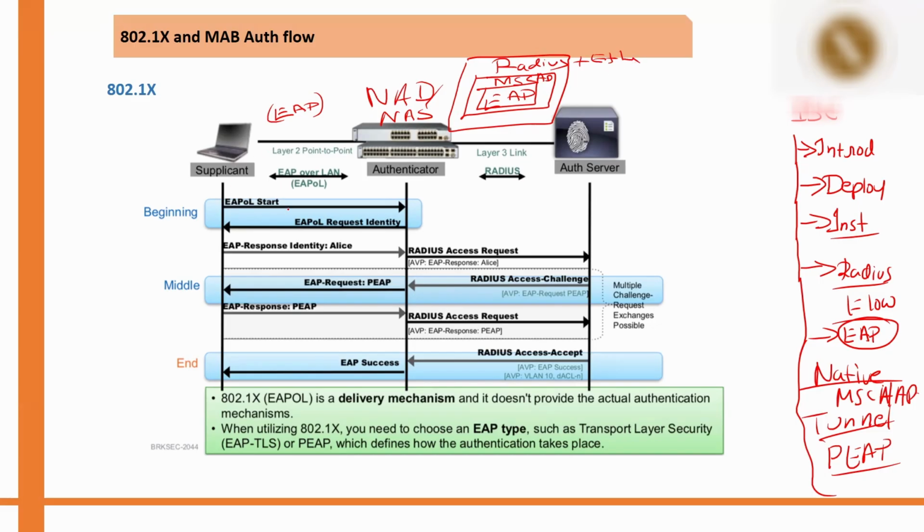So an EAPOL start message is sent from the supplicant to the authenticator, or normally the authenticator sends an EAPOL request to the supplicant to identify itself in the network.